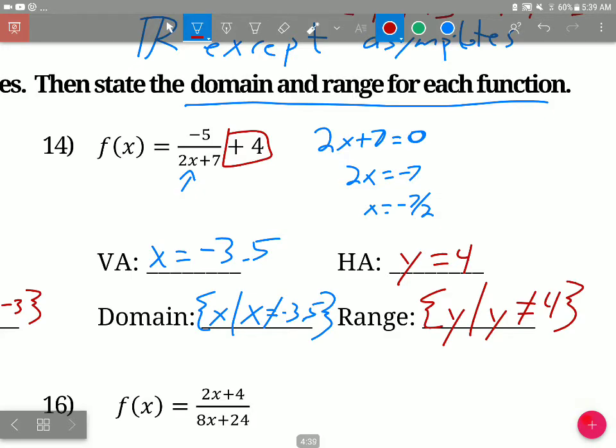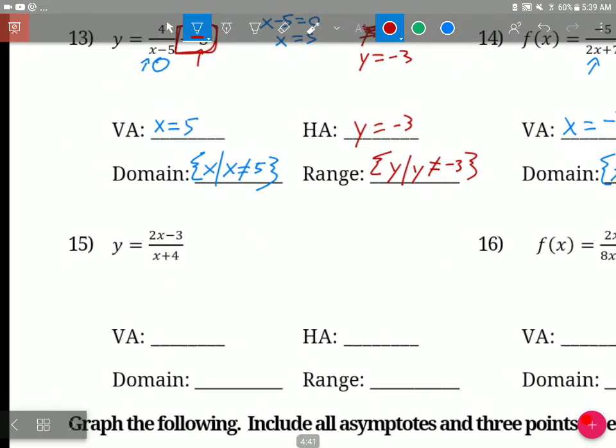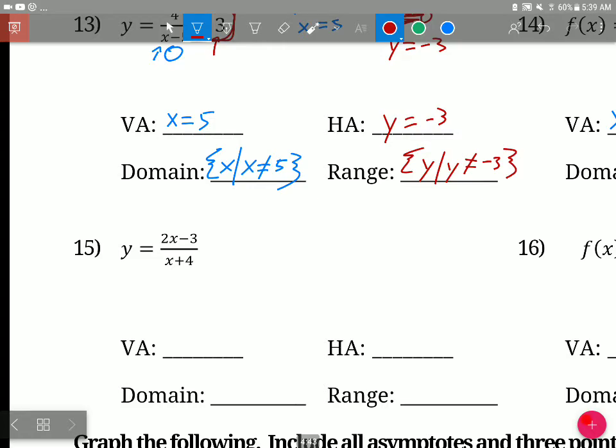Cool. Alright, these ones are slightly different. We find our vertical the same way. So it's still going to be x plus 4 equals 0, therefore x must equal negative 4. That's my vertical, which means my domain is everything except for that negative 4.